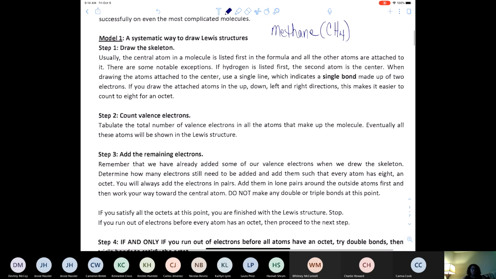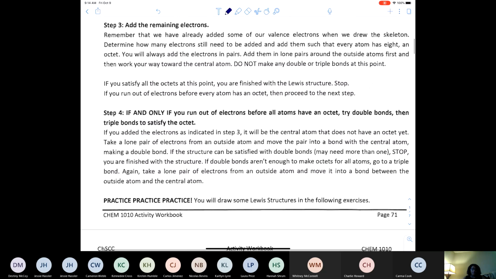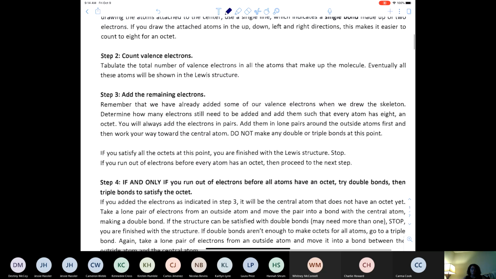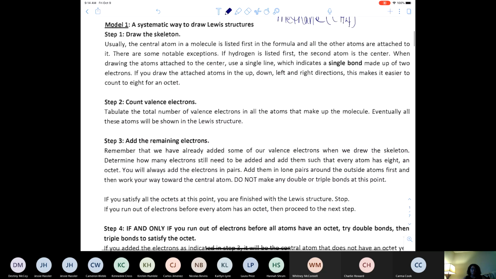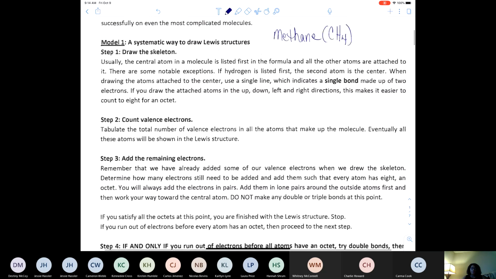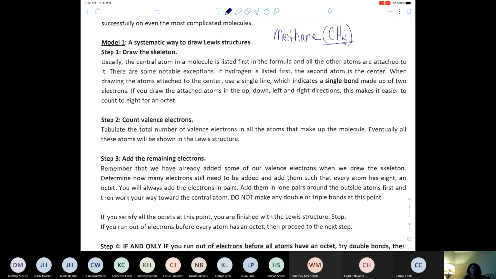And so to draw Lewis structures, we're going to follow these 4 basic steps. So first, once we know the formula of the compound that we want to draw the Lewis structure for, we're going to draw the skeleton structure for that molecule.